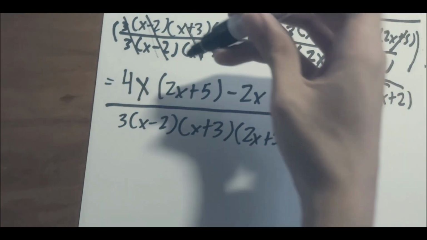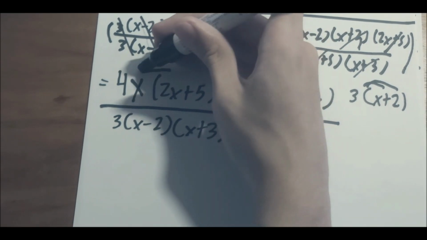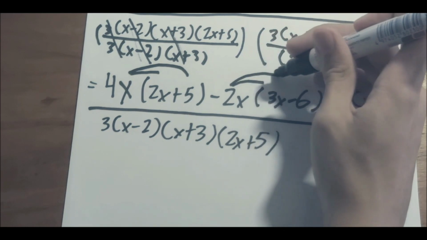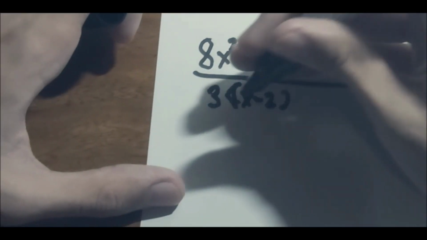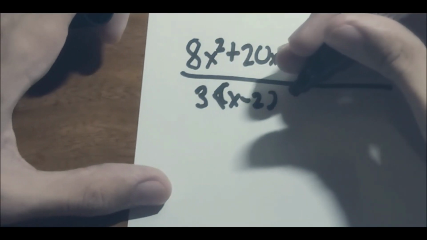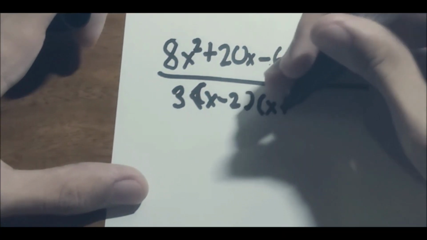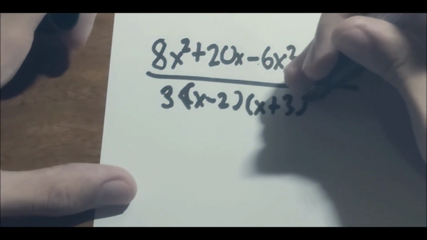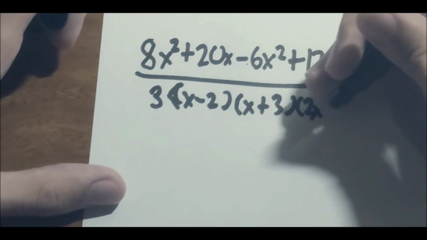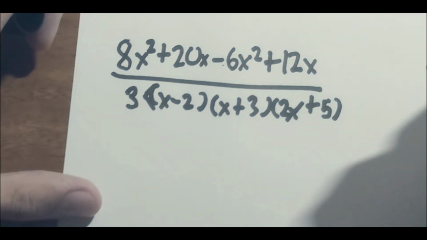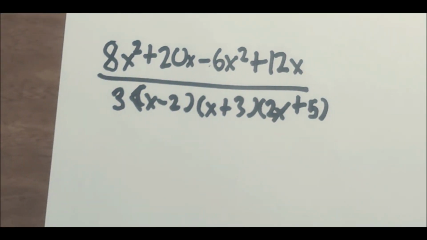Then distribute the numerators 4x to 2x plus 5 and negative 2x to 3x minus 6. The results are 8x squared plus 20x minus 6x squared plus 12x over 3 times x minus 2 times x plus 3 times 2x plus 5.